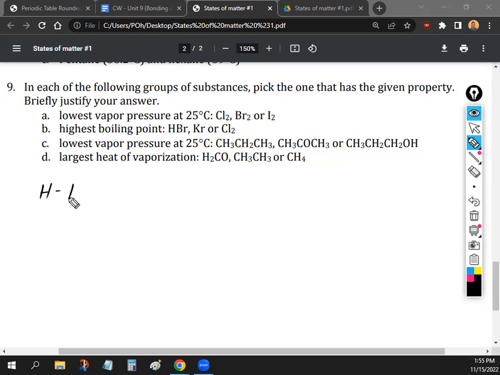What is the strongest intermolecular force HBr experiences? Yeah, dipole. What about krypton? What is the strongest IMF it experiences? Yeah, London dispersion. And then Cl2, what is the strongest one this experiences?